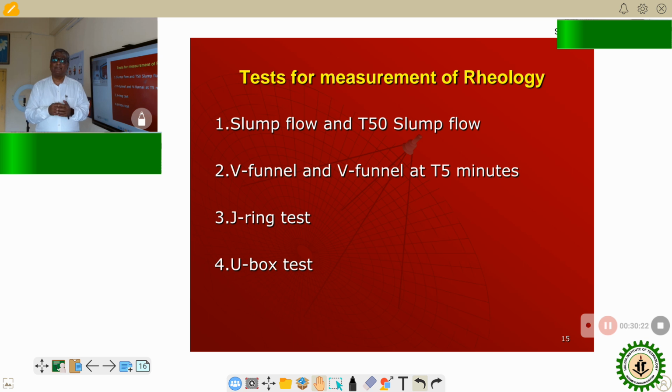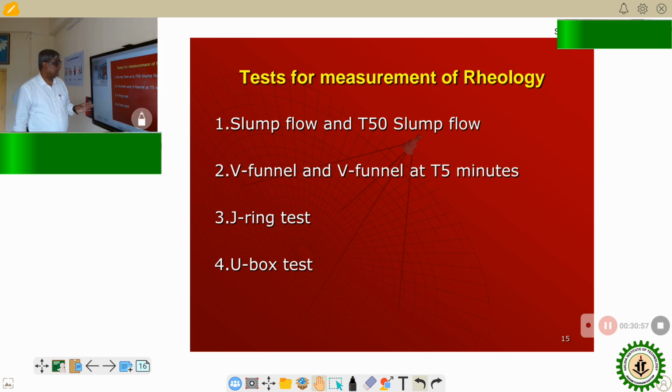Half an hour, 45 minutes, less. So, if you try to understand the setting profile, meaning with time how the setting is coming down, from there you can have an idea about thixotropy. And this is also another parameter which is very important because you have to complete everything within a time span. So thixotropy is very important.